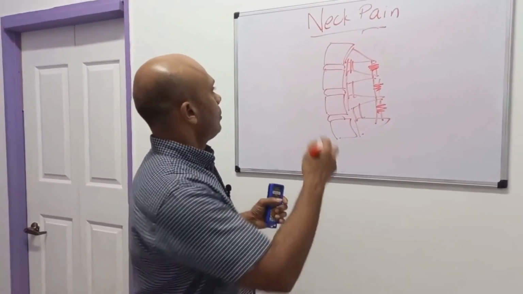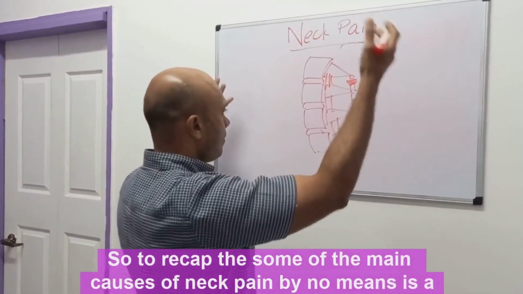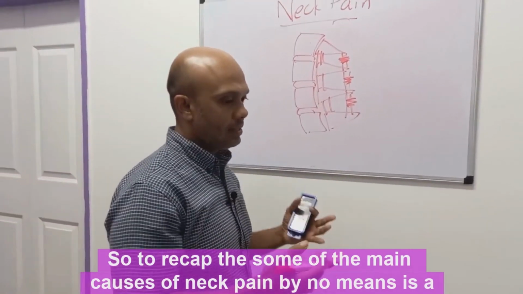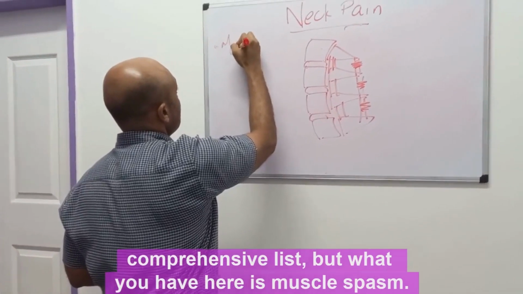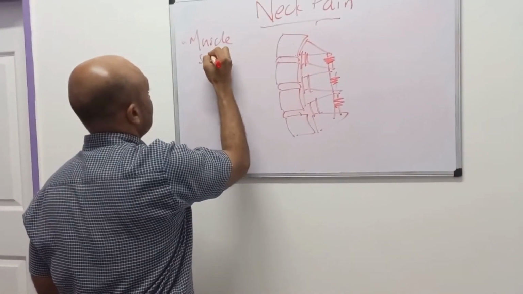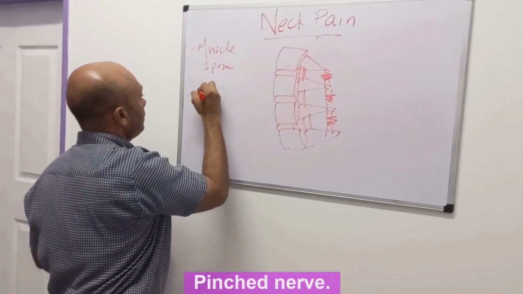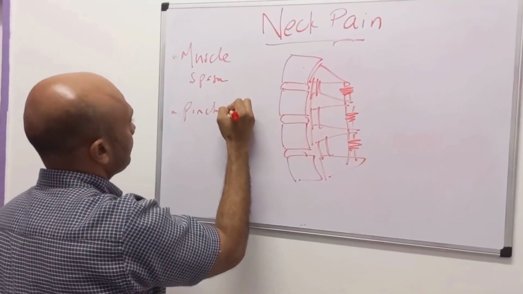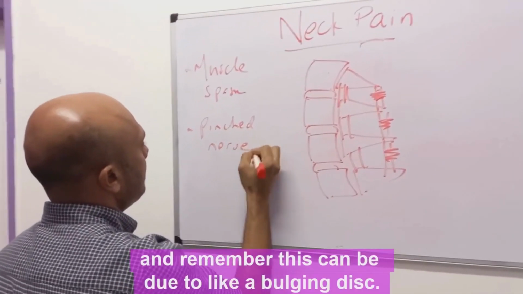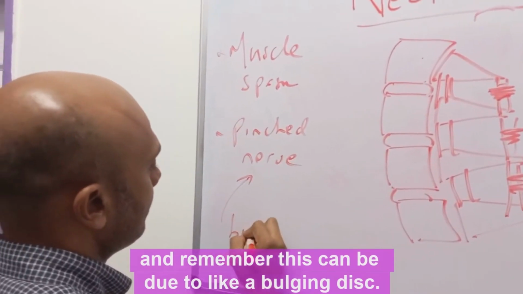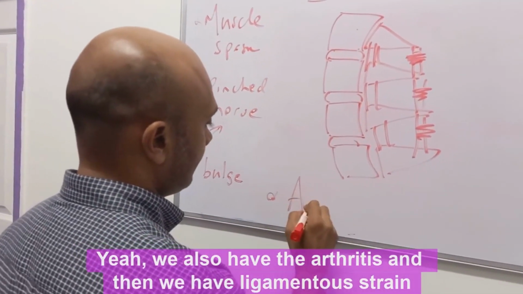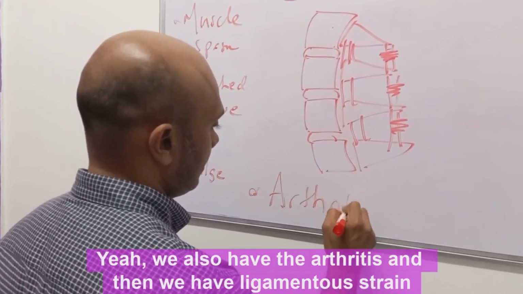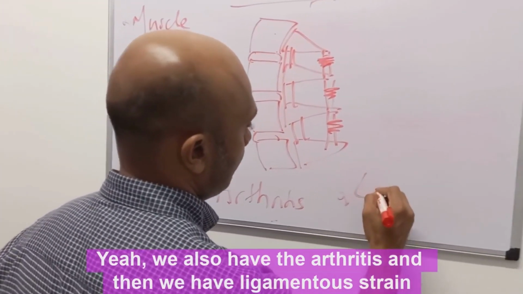Okay, so to recap, some of the main causes of neck pain. By no means is this a comprehensive list, but what you have here, like I said, muscle spasm, you have pinched nerve, and remember, this can be due to a bulging disc. We also have the arthritis, and then we have ligamentous strain.